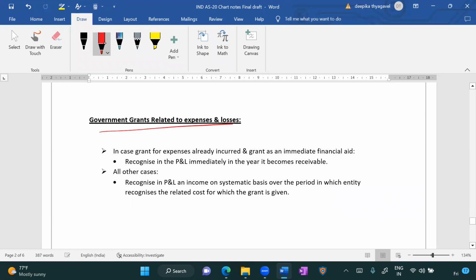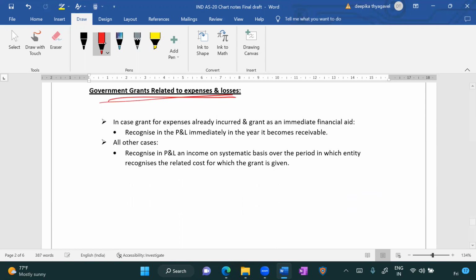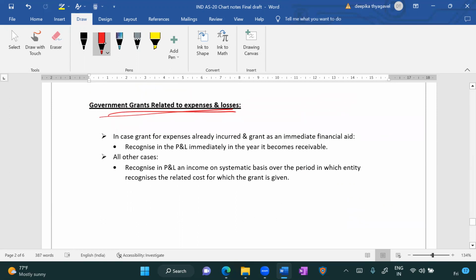Next is government grant related to expenses and losses. In case the expense has already been incurred, or the grant is given as immediate financial aid, then you'll recognize it in P&L immediately in the year in which it becomes receivable, similar to that of income.